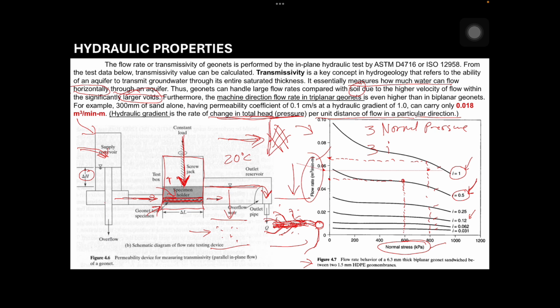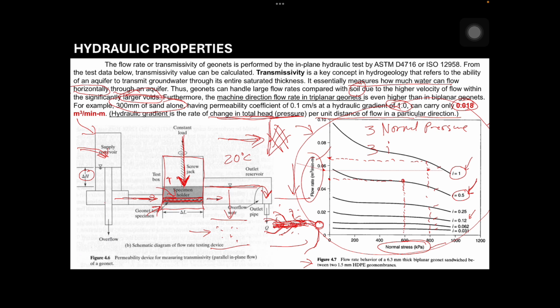Compare this to, say, 300 mm of sand alone at a hydraulic gradient of 1.0, where the flow rate for sand alone is only 0.018 cubic meter per minute per meter length. So, let us compare that to the geonet in this table.